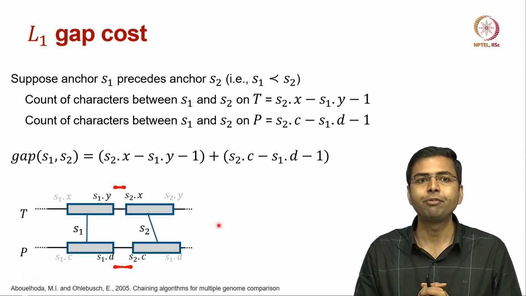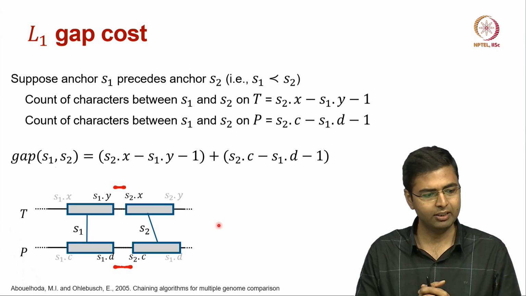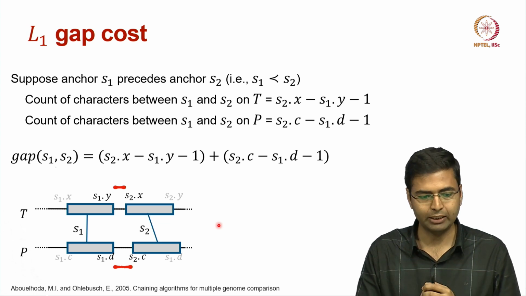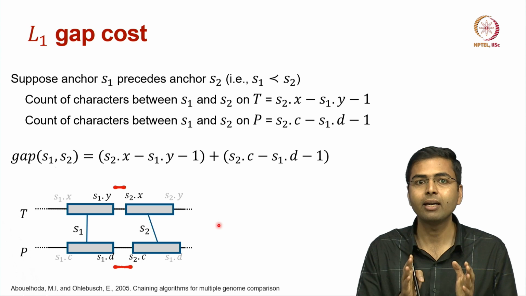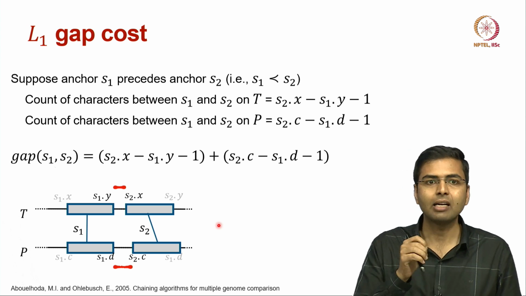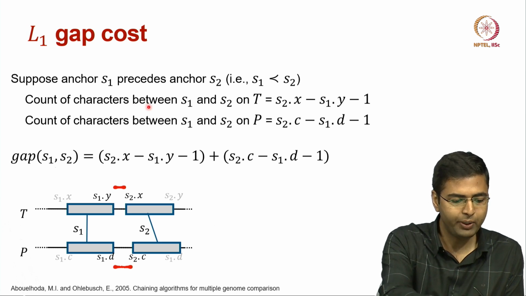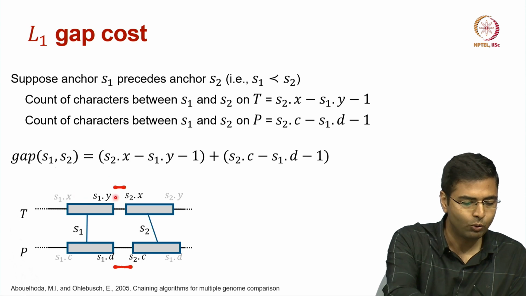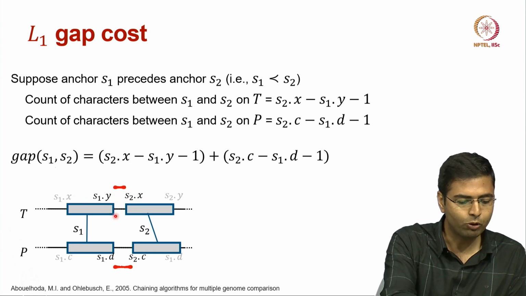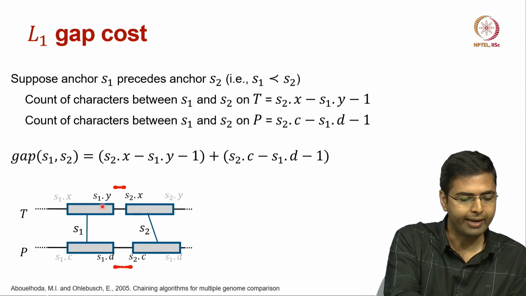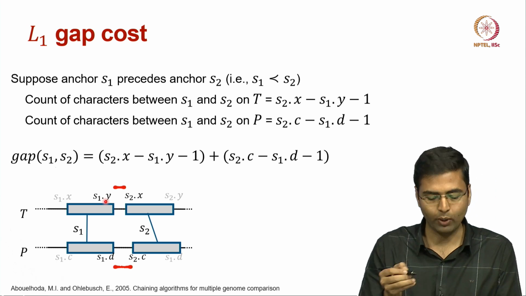The first gap cost definition is called the L1 gap cost. Here suppose you have again two anchors S1 and S2 such that S1 precedes S2. Then observe that the count of characters between anchors S1 and S2 on text T, the count of characters specifically in this gap, will be given by S2.x minus S1.y minus 1.